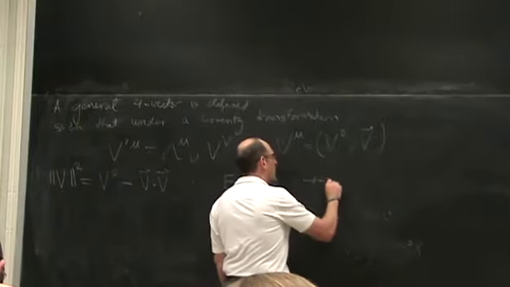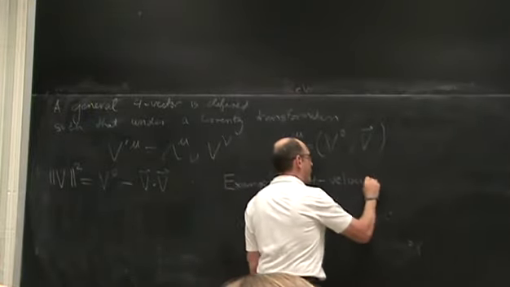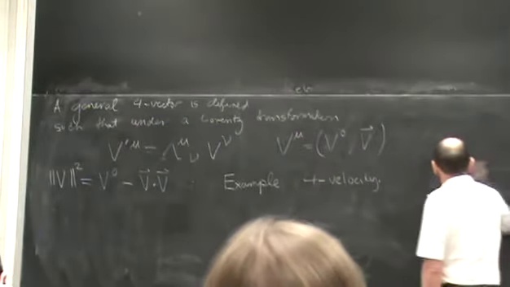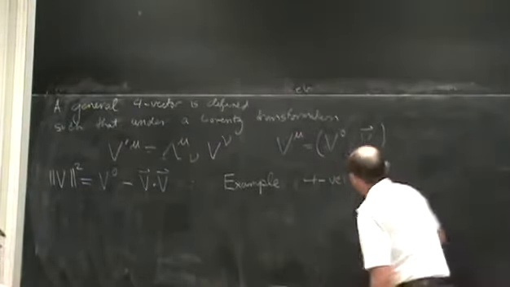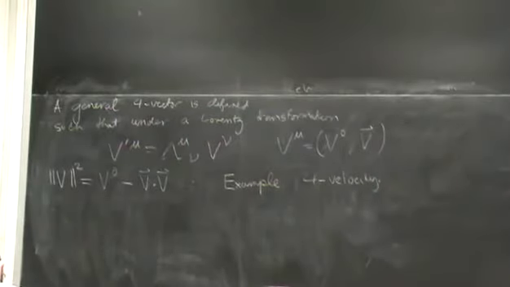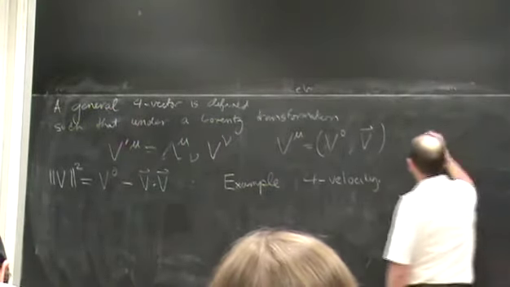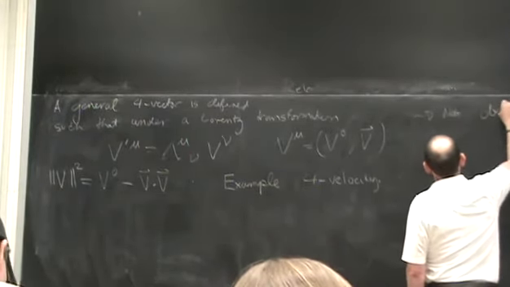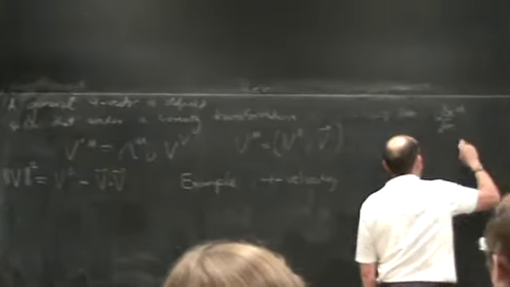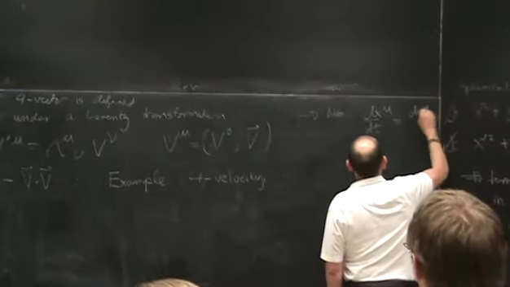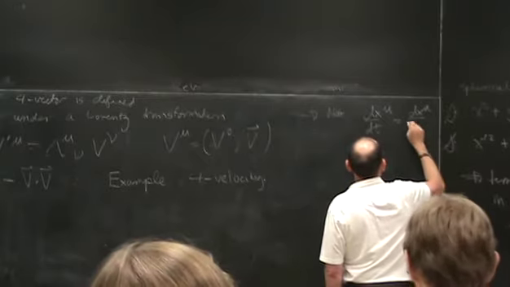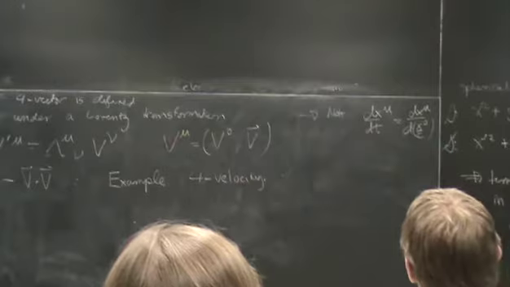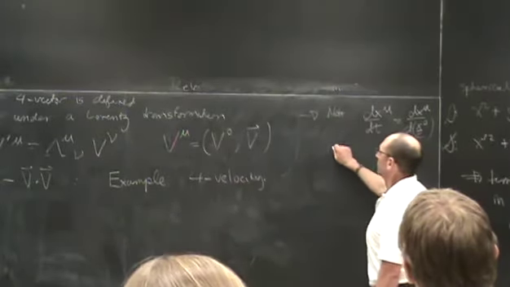we can have the four velocity. So if I look at space-time, and I want to look at the four velocity, how would I define it? Well, note the derivative of this with respect to the time coordinate is not a four vector.